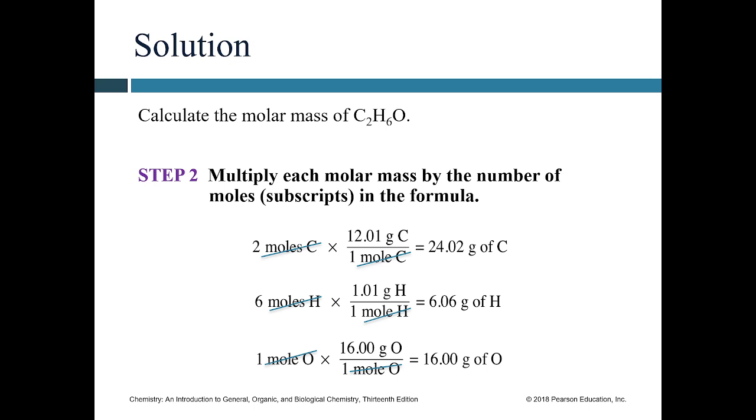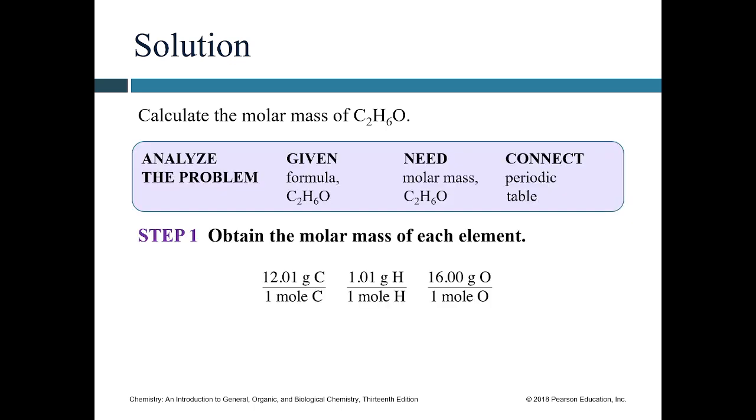Is anybody getting confused by this at all? You are? Okay. So again, we just look at the periodic table numbers. That's all these are going to be. Those numbers have a duality. They can be grams per mole if we want them to be grams per mole, or they can be AMU. In this case, we want grams per mole because it asks for molar mass.